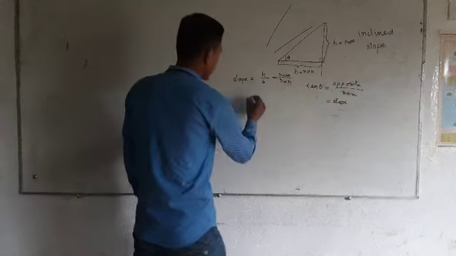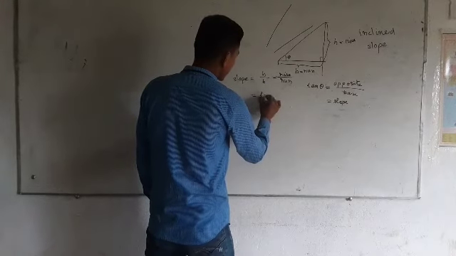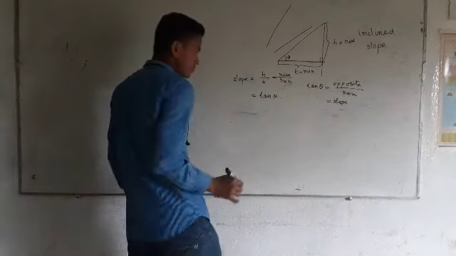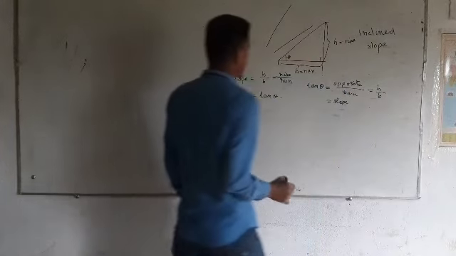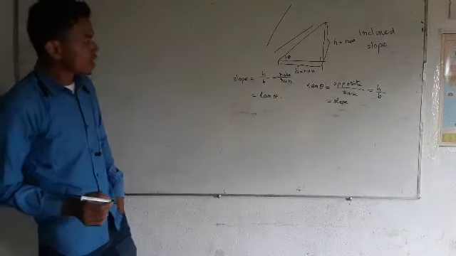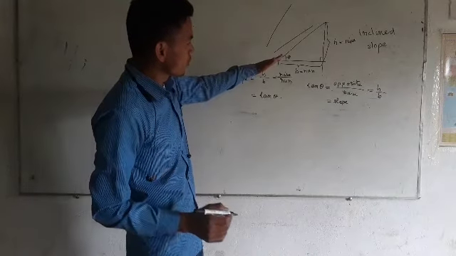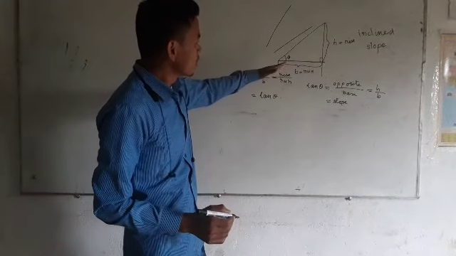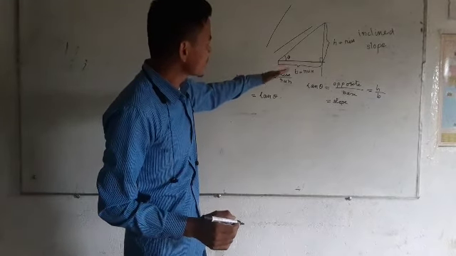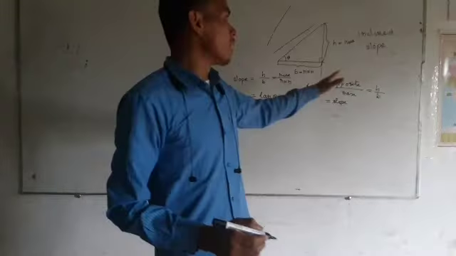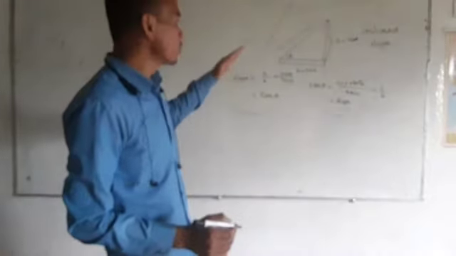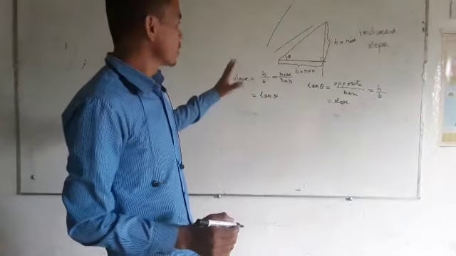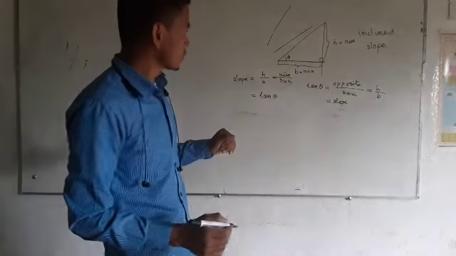Therefore, slope is equal to tan theta. Opposite is equal to height, base is b. But this is for a surface or for a line whose inclination is fixed. For a smooth straight line, whose inclination is constant.